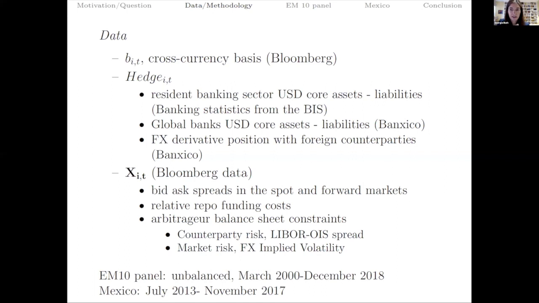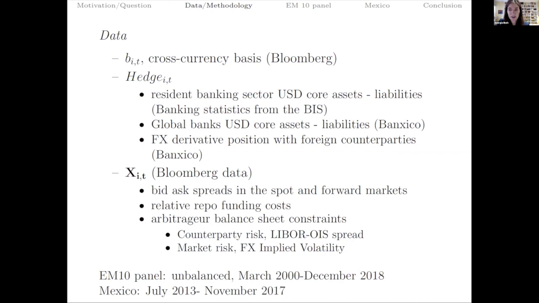Those are the two hypotheses that I can test because I have this bank level data for Mexico. The rest is from Bloomberg and pretty straightforward. I'll just point out the time frames for the studies. For the emerging market currency panel, I have data from March 2000 to December 2018.